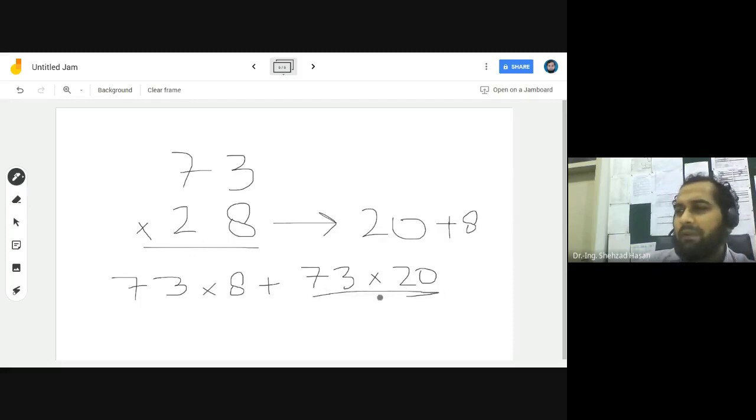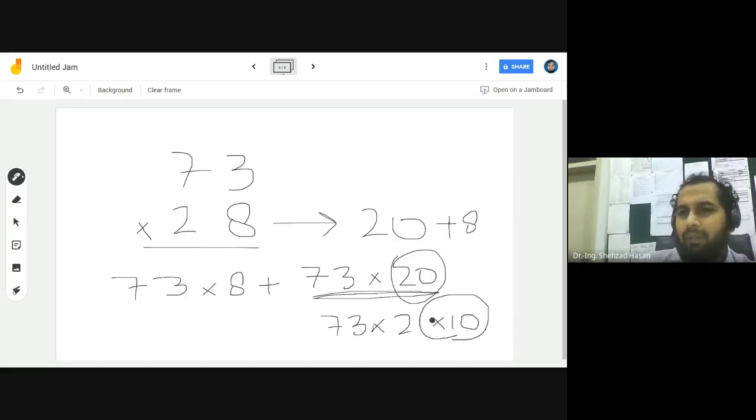Now, the good thing about 73 into 20 is you can reduce this into just 73 into 2 into 10. This last thing, into 10, because it's base 10 and you are multiplying with 10, can be replaced by another operation called shift.